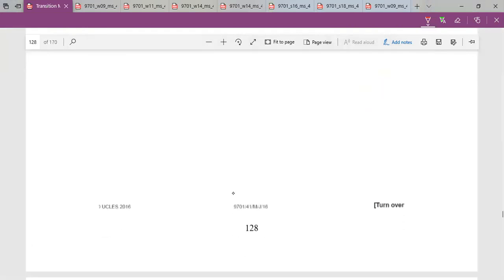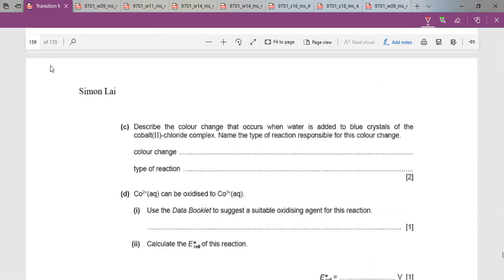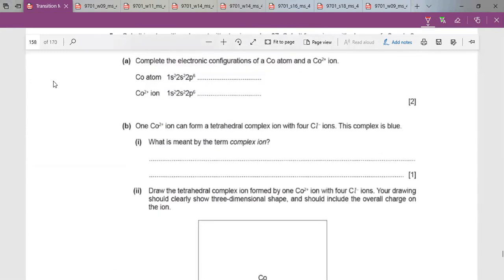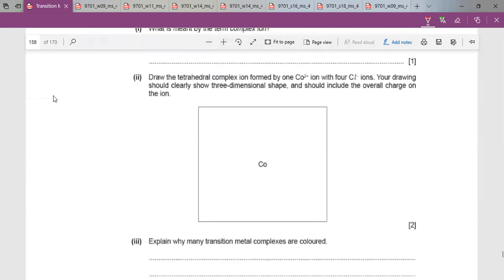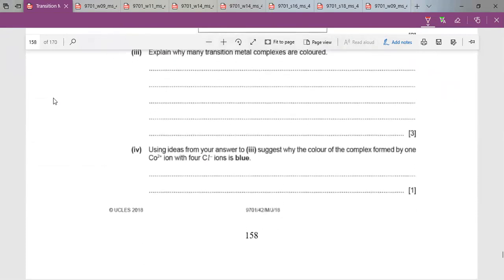The last one, of course, 158. Complex, 158.